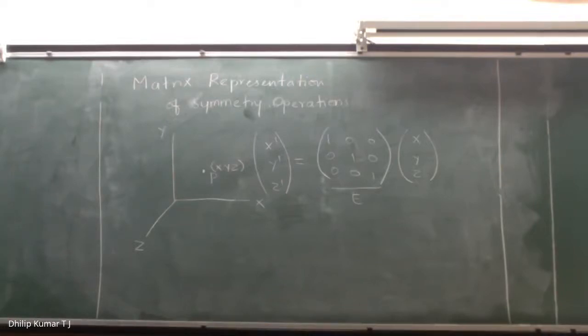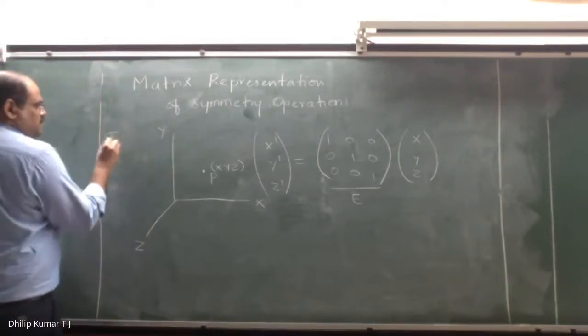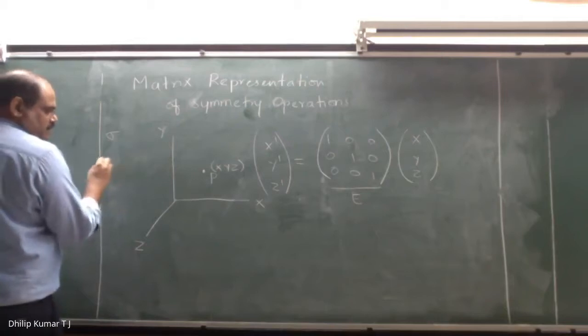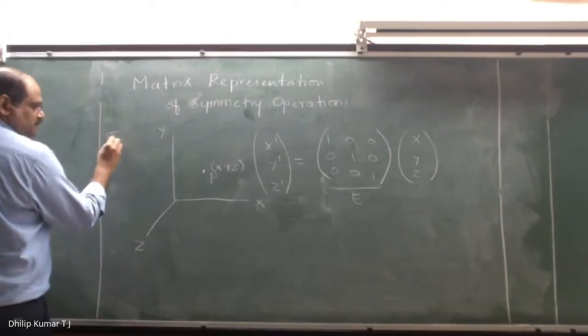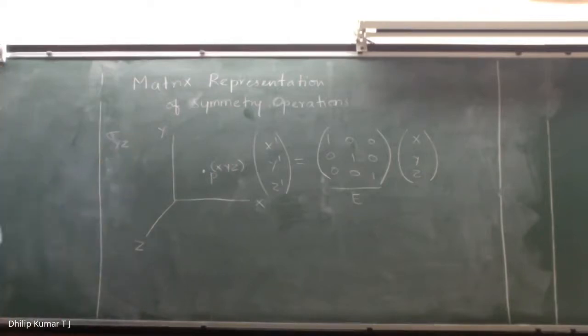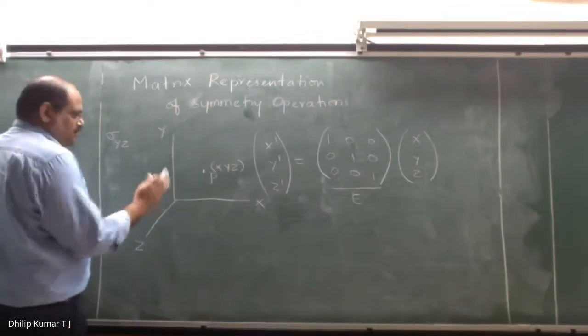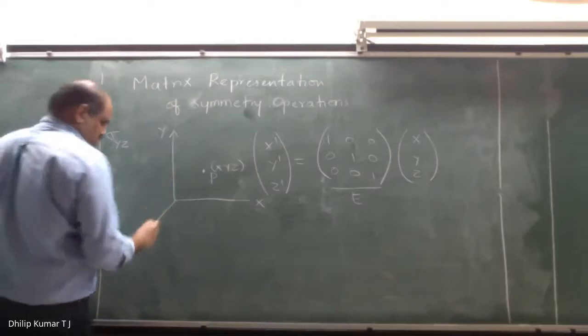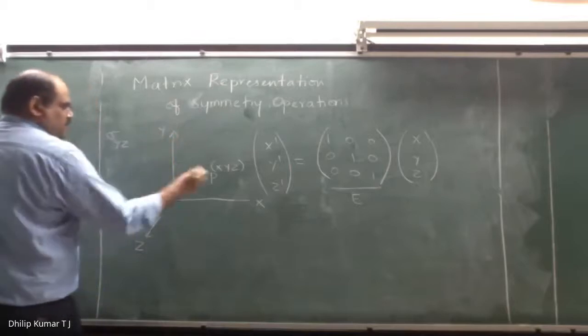Let's go for the planes. Then it becomes easier. Let's try with the yz plane. Say I'm placing a yz plane. Y is towards north, and z is coming out of the board. If you place a plane here, this point comes here, right?